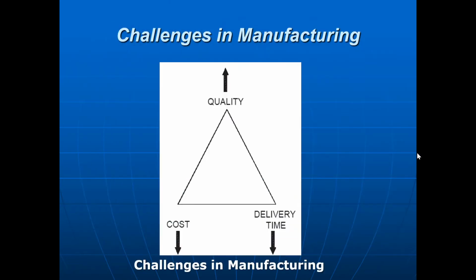Alright, in the last class I already showed this video, so you can play it back again using my slide to see that video. But the challenge in manufacturing is they always have these three things together to consider: quality, cost, and delivery time.